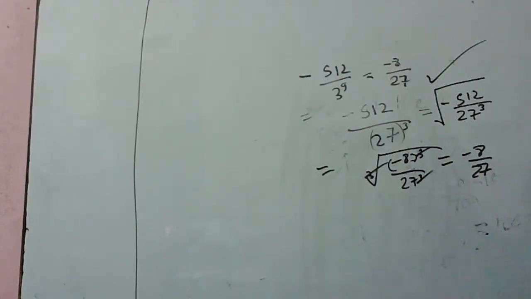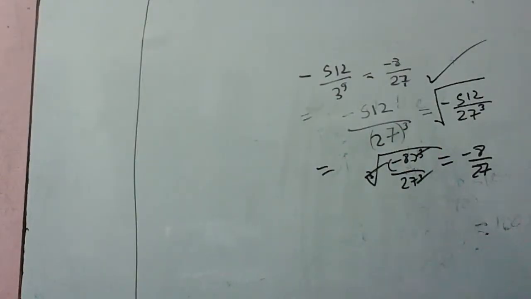Now, the next question. Assertion: after slashing the price of refrigerator from 35,000 to 29,400. Reason: discount percent equals discount by 100. Here assertion is false because nothing is given in it.